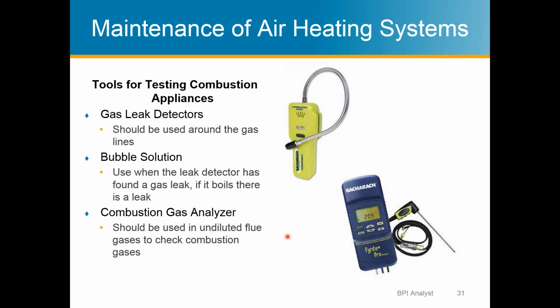The more expensive ones will give you CO2, oxygen content, combustion efficiency, stack temperature, and lots of other data if you want to use them. So you're going to check for leaks all the time, and you're going to check the combustion products on all combustion equipment as well.